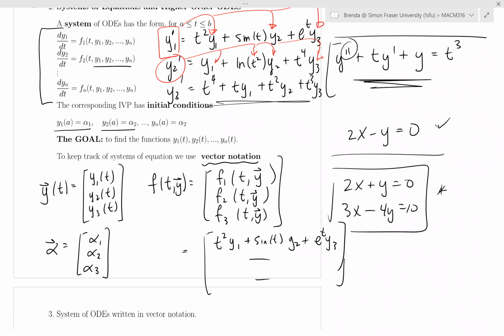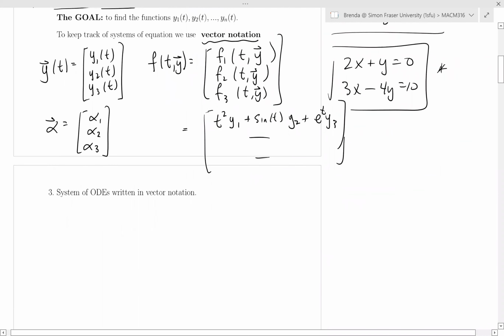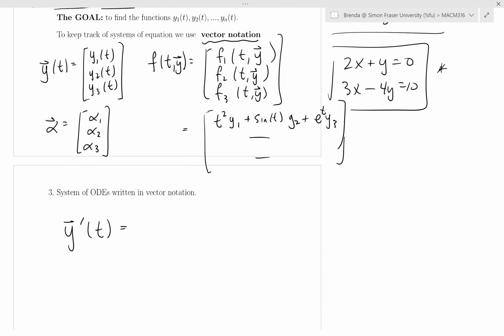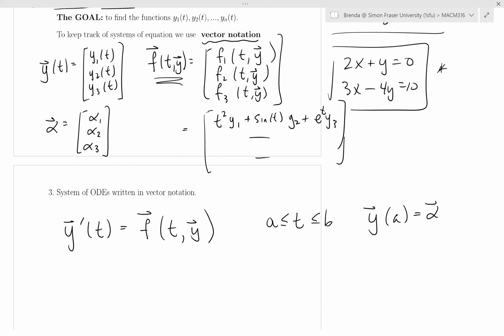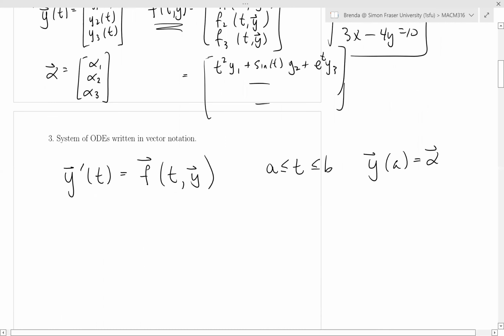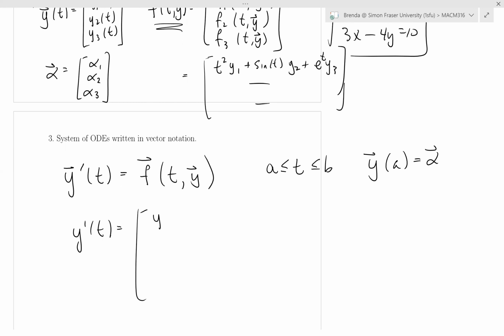When we write this system in vector notation, we have that y prime of t is the vector of all these functions, and t still goes between a and b.